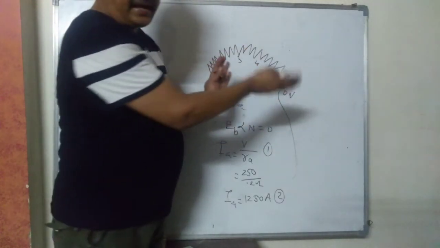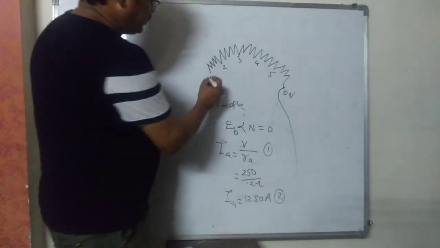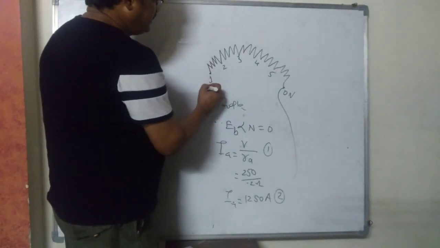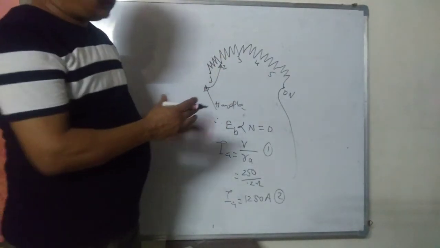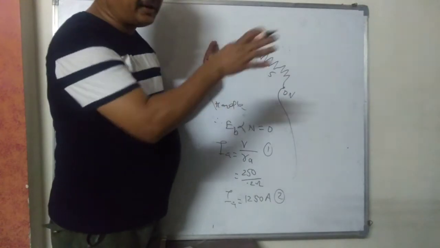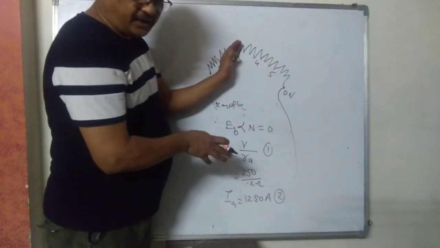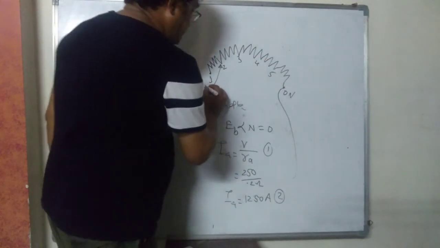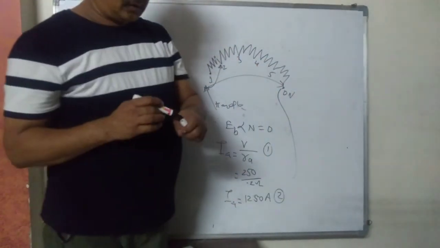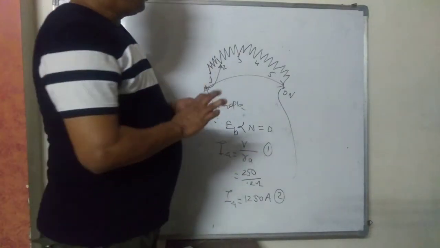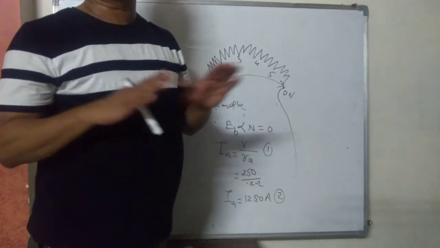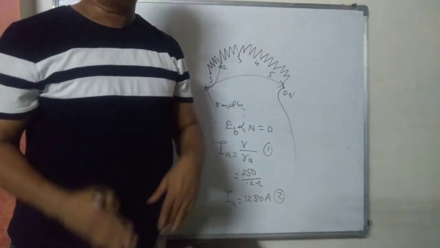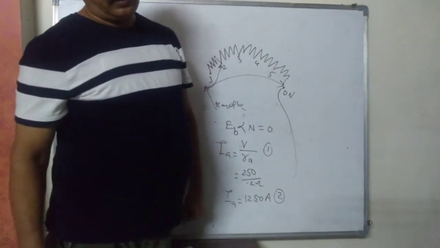Resistance is high, so current will be minimum. Now the handle is moved from position 1 to position 2. Resistance is decreased, current will increase. Then position 3, again current will increase, then 4, 5 and so on. And when the handle is at the on position, the motor is on and the current is under restriction. Motor starts running at safe, normal speed.